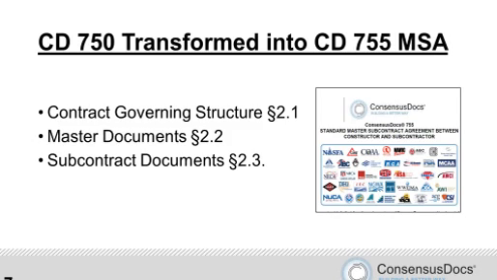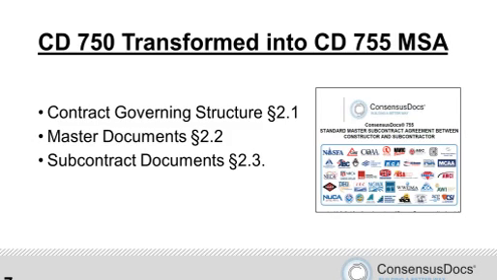Then if you look at the definition of subcontract documents, the only significant difference here, obviously, is that unlike in the 750, which is a standalone, now we need to account for the fact that there is going to be a project work order, which is itself a critical subcontract document.